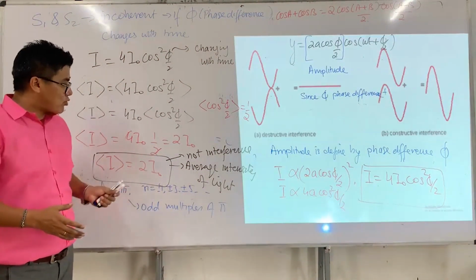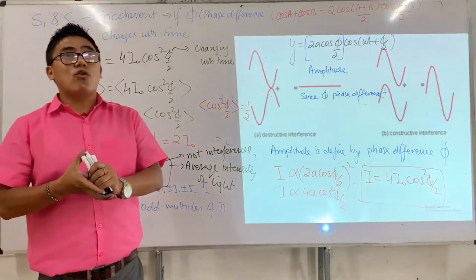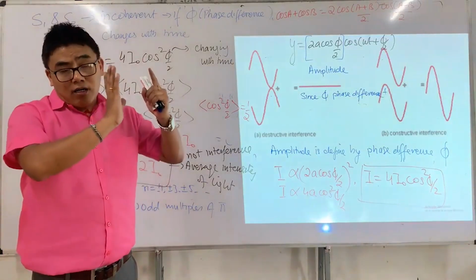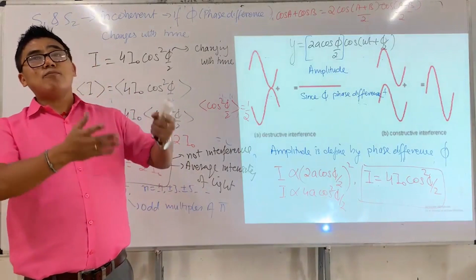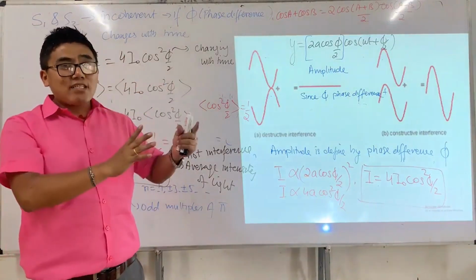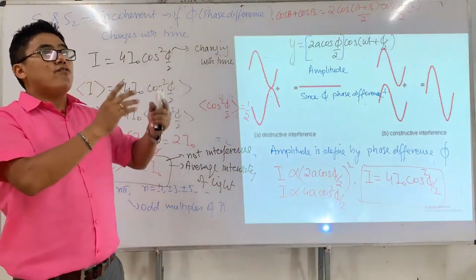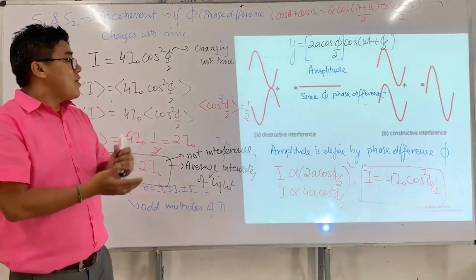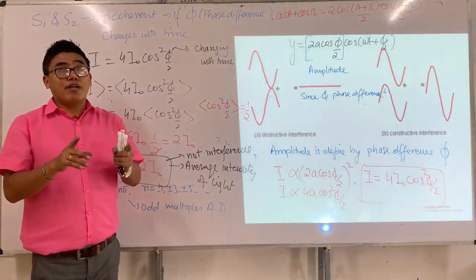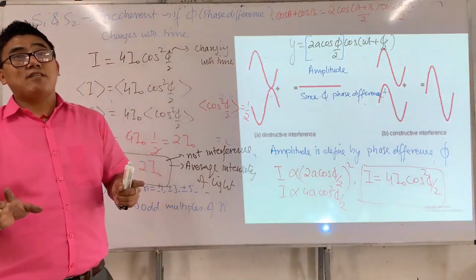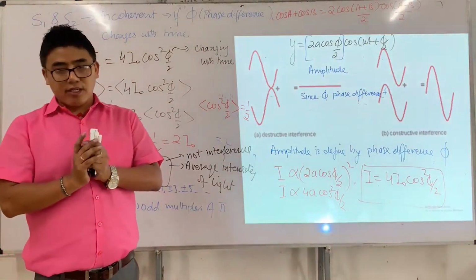So this is all about interference. I have done interference in terms of path difference, in terms of phase difference, and also when the two waves are incoherent, where no interference pattern is formed. Okay, thank you.